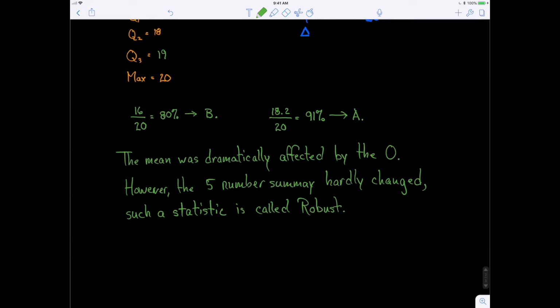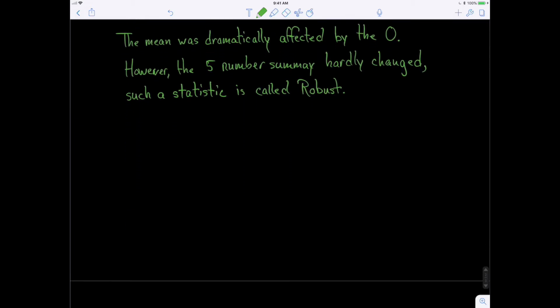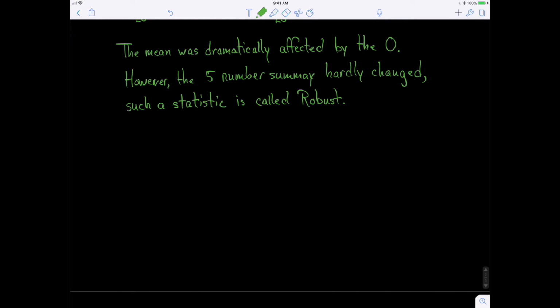And let's do this now. Here's how we actually calculate to formally find an outlier. Our general rule is upper outliers are any values that are greater than Q3 plus 1.5 times the interquartile range.